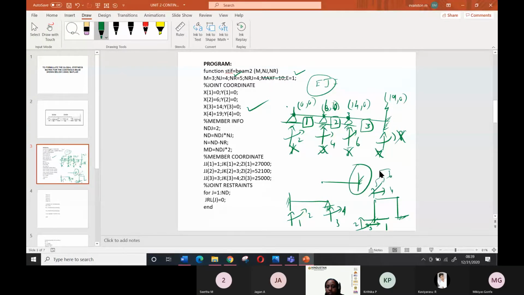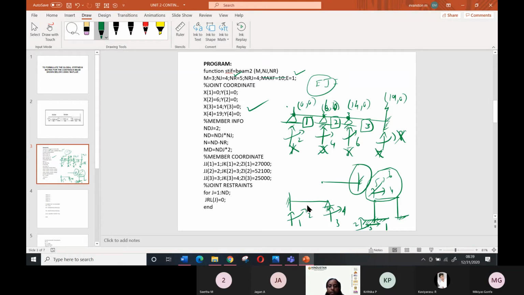So when you think of the possible degree of freedom, I'm talking about the possible degree of freedom. Here everything is free, the possible degree is 3, but it is restrained. For this particular beam, it is restrained. So the possible degree of freedom is 3 for this one, but actually it is restrained, no degree of freedom is there. Suppose if this is a hinge support, the possible degree of freedom is 3 and the restrained are 2, like that.